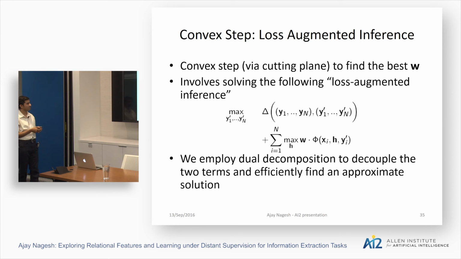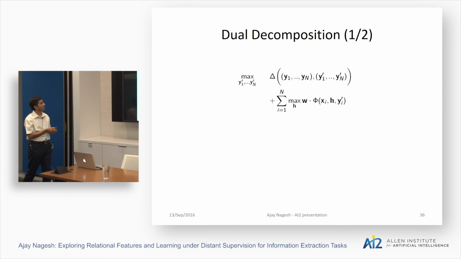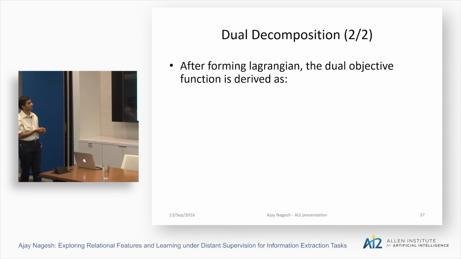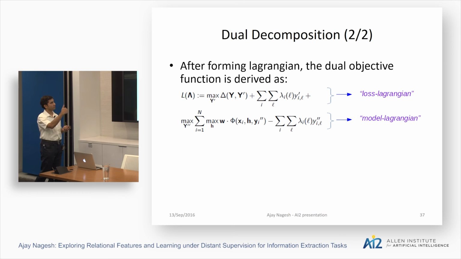So, we employ dual decomposition here. We form a Lagrangian to decouple the two terms in the loss augmented inference. This Lagrangian has two independent subproblems, two Lagrangian terms.